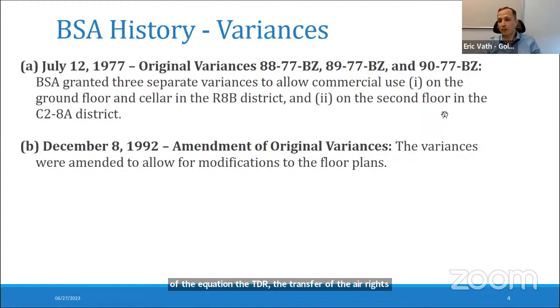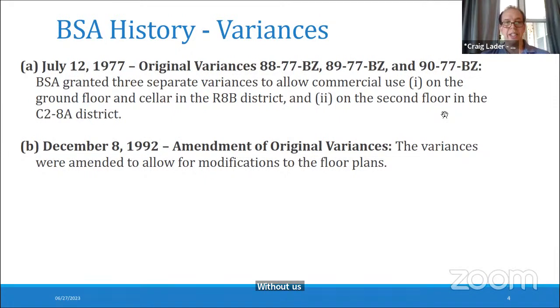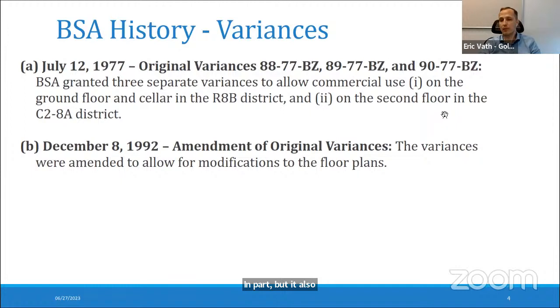Yeah, correct. So the postgraduate Center for Mental Health can build an as of right 210-foot building without us. So essentially this transfer of air rights would be to allow the cantilever portion, correct? In part, but it also allows them to build more residential floor area for their mission, for their program.